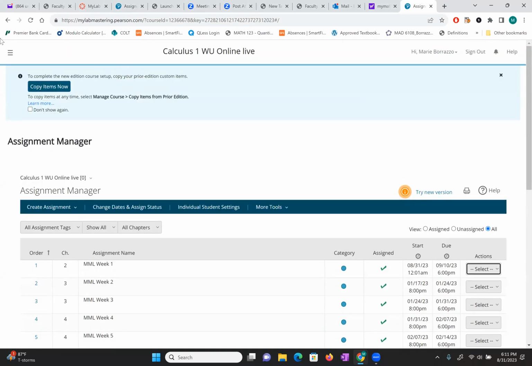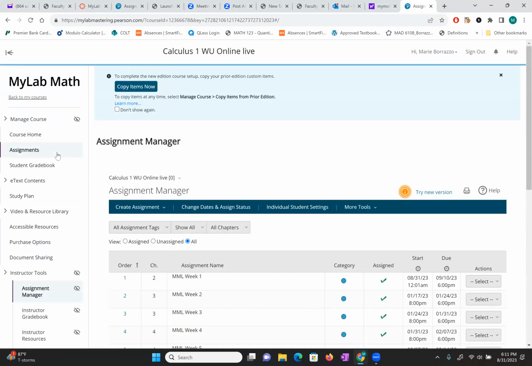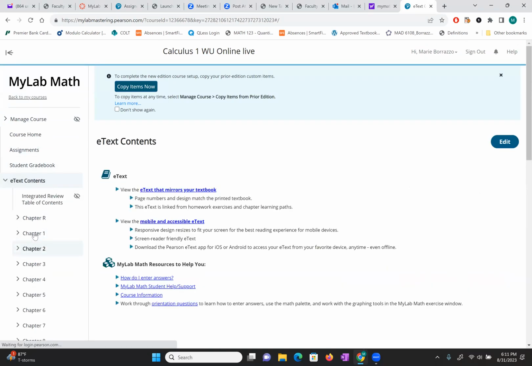So, I'm gonna go to the e-text. And it looks in this section. What did I say we were covering this section? Do you remember? It's on the syllabus. I believe I said we're covering... I'll go back to the syllabus. Bear with me.